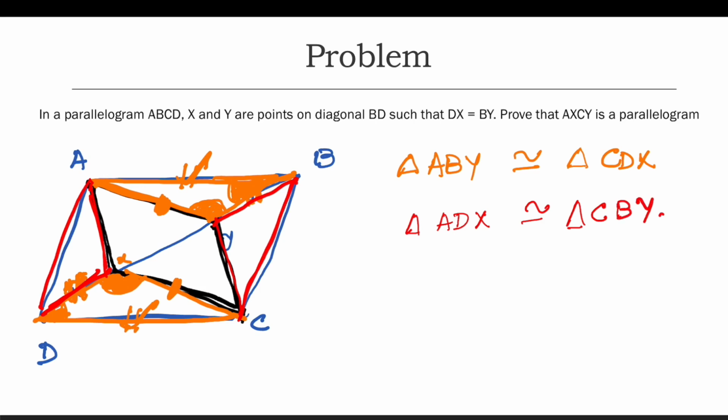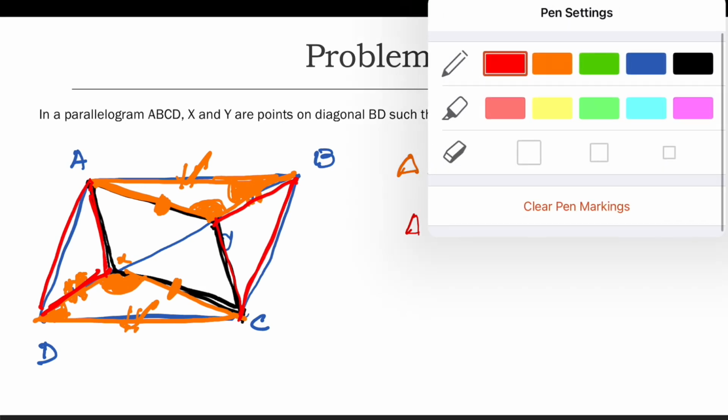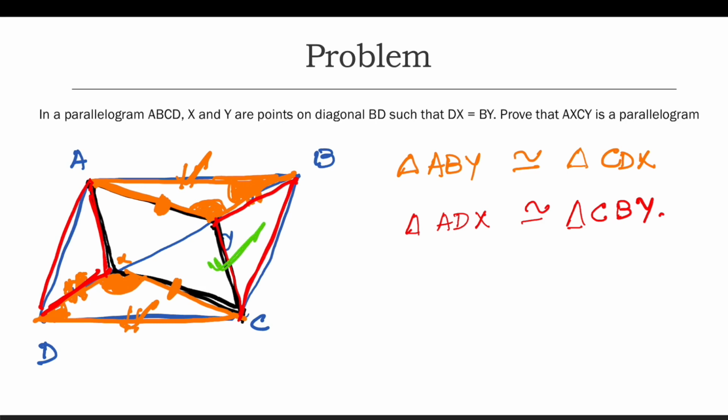Congruent, you understand, right? Two triangles being congruent basically means their corresponding angles are equal, their corresponding sides are equal, right? So in this particular case, with that, what can we prove? We can prove that this side is equal to this side, and this side is equal to this side. So opposite sides are equal, and hence we can prove that AXCY is a parallelogram.